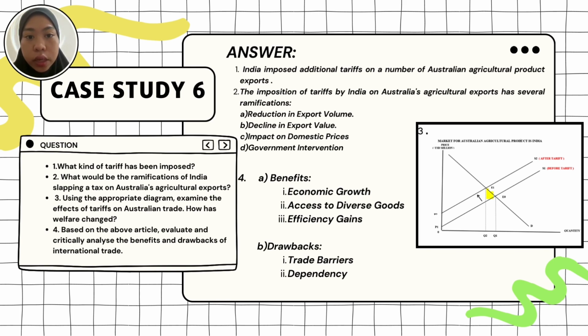C, inequality, which is, the benefits of international trade may not be distributed evenly, leading to inequality. And in this specific case mentioned, the drawbacks are evident, as imposed tariffs hit Australian agriculture exports and lead to government intervention to mitigate their effect on farmers.